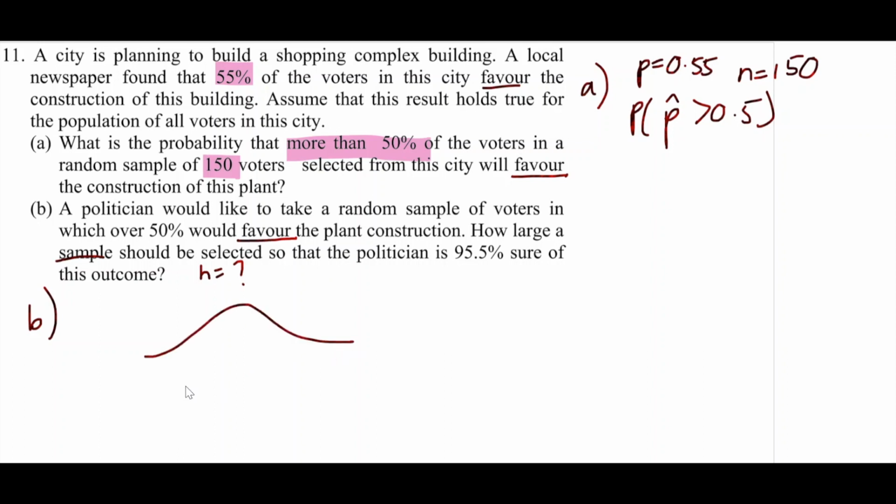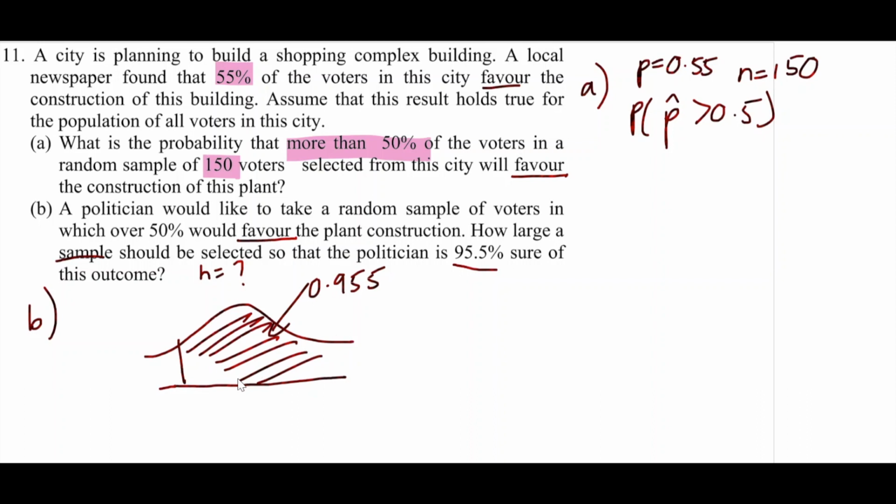Okay, over 50%, and the probability is 95.5%. Over would be towards my right hand side. So this area is 0.955. And this would be 50% or 0.5.